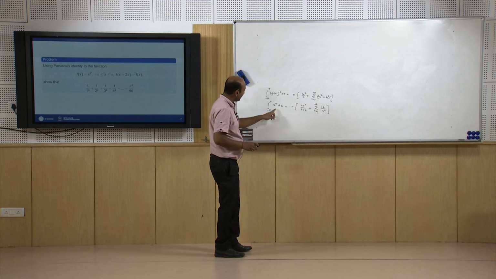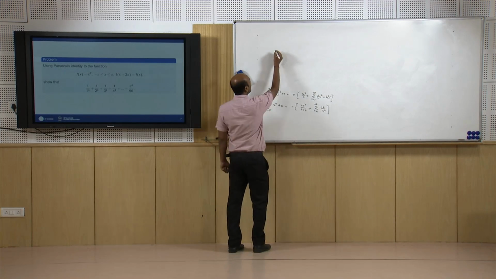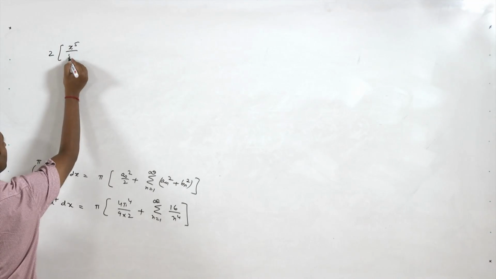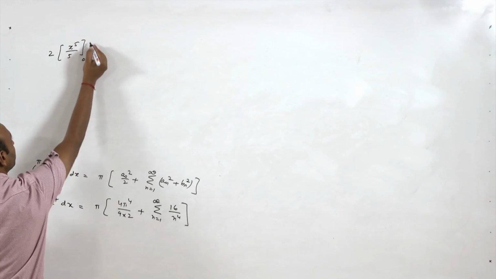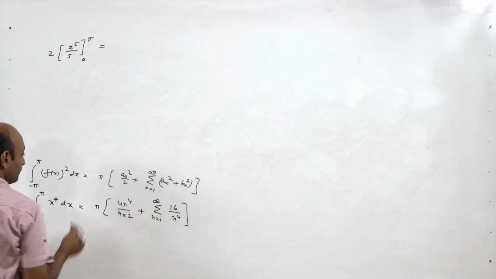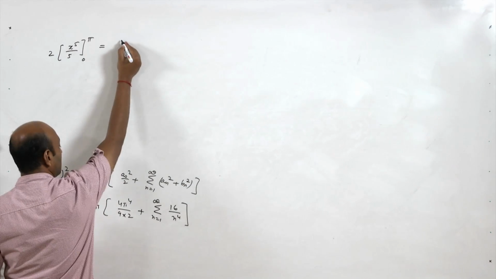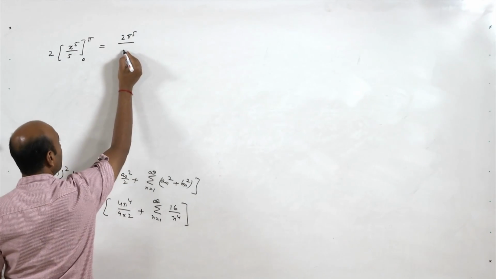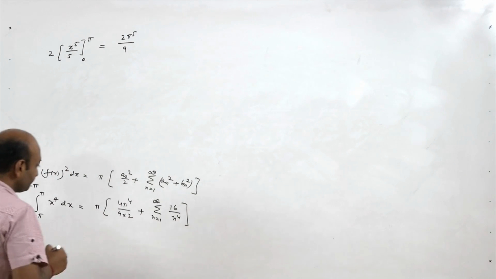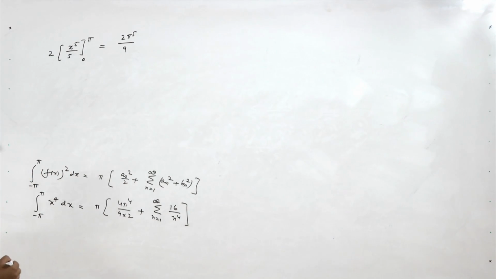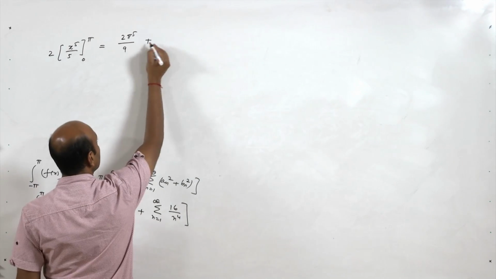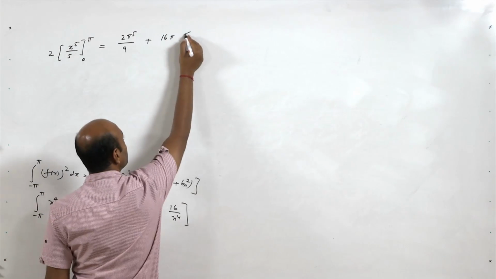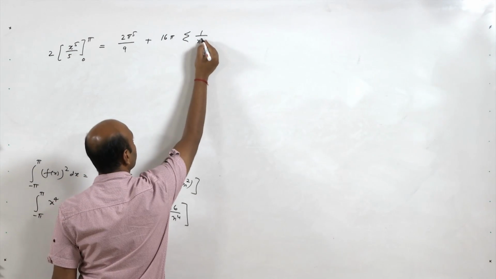Now, if we simplify this, this is an even function. So, it is 2 times x to the power 5 upon 5 from 0 to pi, which is equal to 2 pi to the power 5 upon 9, plus 16 pi into summation 1 by n to the power 4.